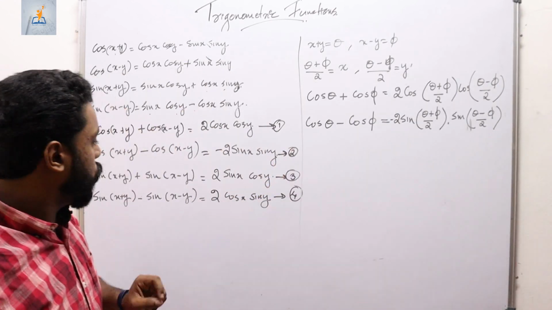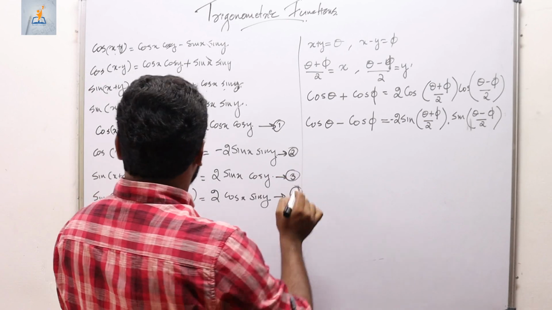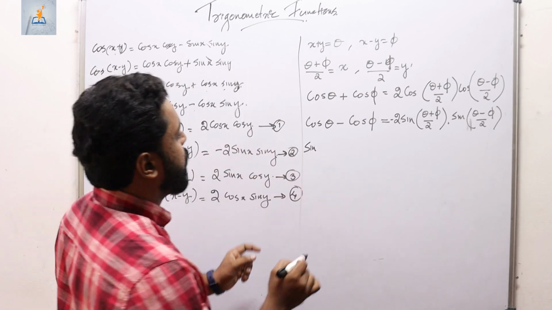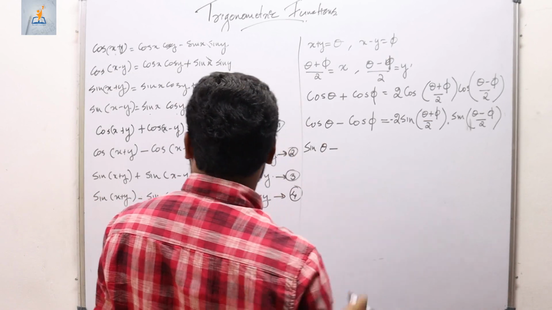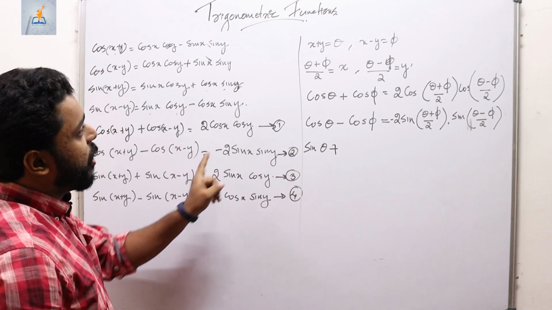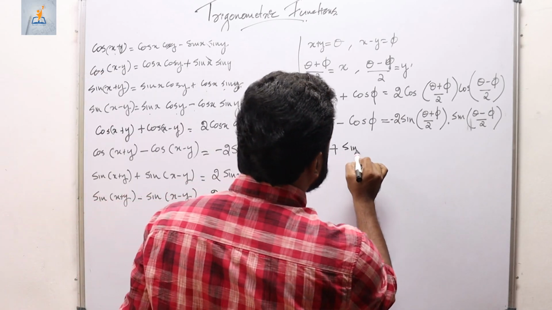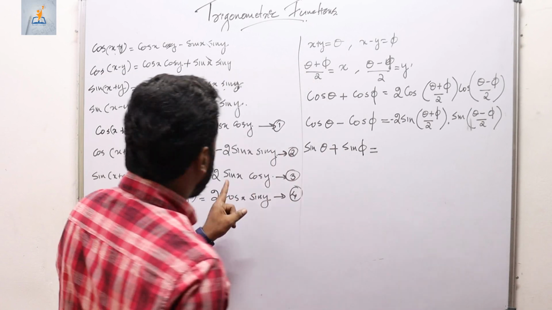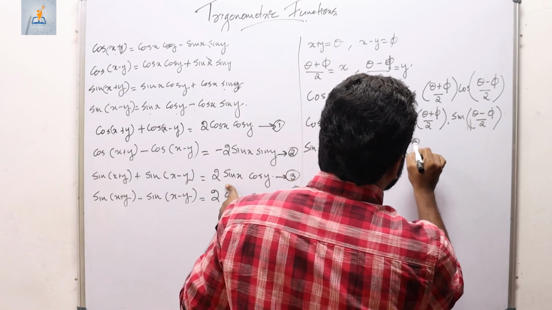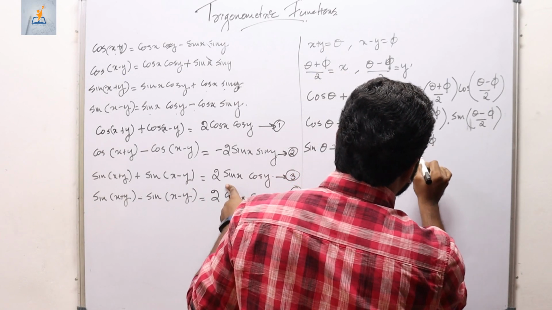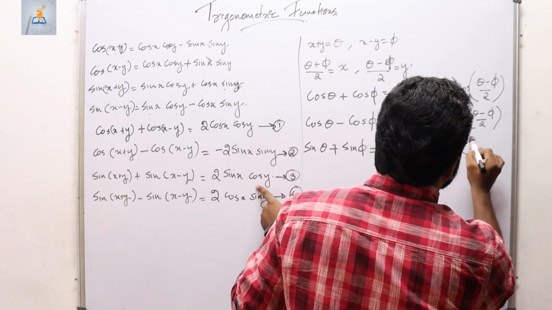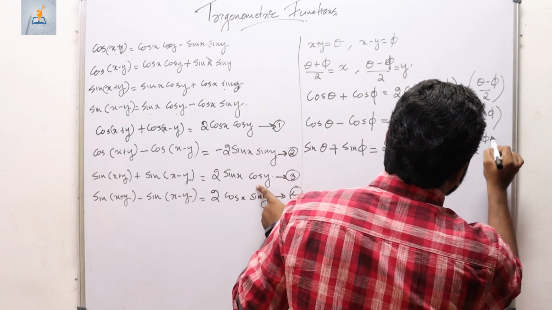Again in the third equation we shall substitute the same things. Then it will become sin(x+y), and instead of x plus y we have theta, and instead of x minus y we have phi. So it will become sin theta plus sin phi equal to 2 sin of (theta plus phi)/2 into cos of (theta minus phi)/2.